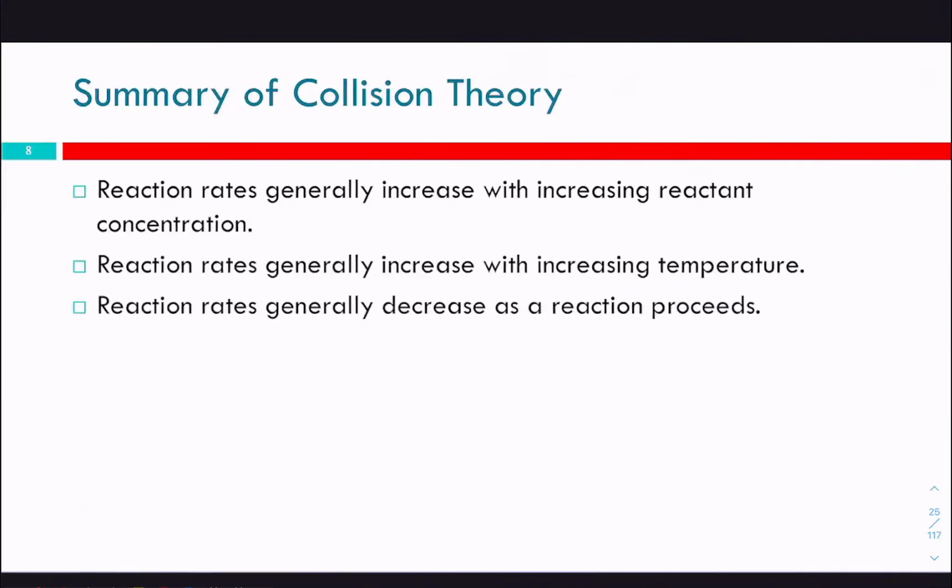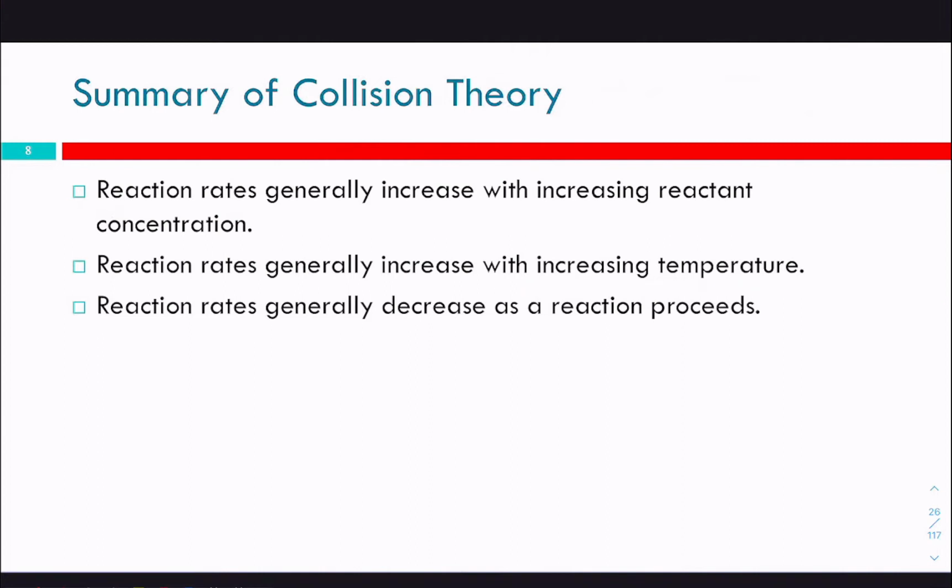All right, so more collisions, higher temperature, more collisions. There you go. So reaction rates generally increase with increasing reactant concentration. We'll see there's one scenario where that doesn't happen in terms of reaction order. They also generally increase with increasing temperature.